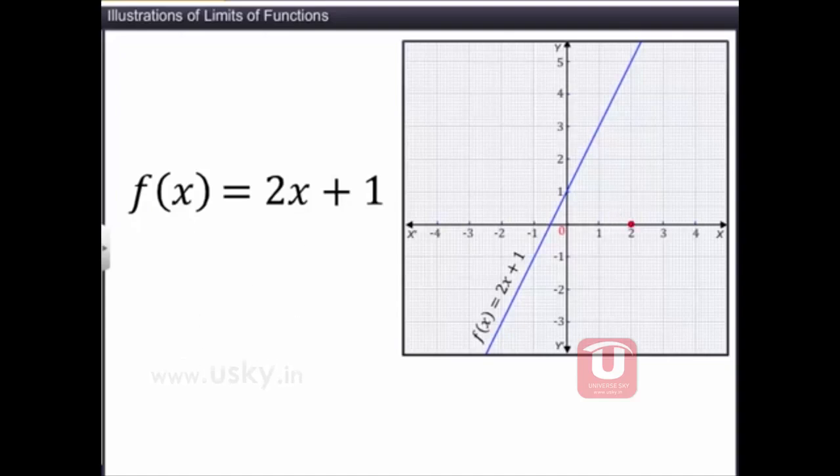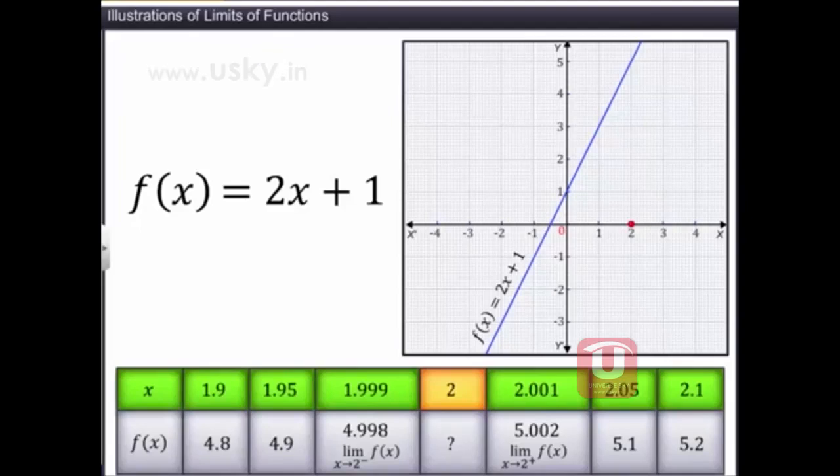We obtain the values of the function very close to 2. The values are in the table here. In the table, the values close to 2 are 1.999 and 2.001. These are the points to the left and right respectively of the point 2.